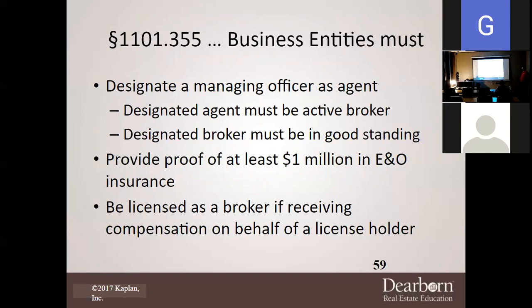Now, I also had to prove that I had proof of $1 million in E&O insurance, okay? And be licensed as a broker if receiving compensation on behalf of the license holder. Okay, so I have to hold a very large policy for E&O insurance, because the fact is you're dealing with multiple people.